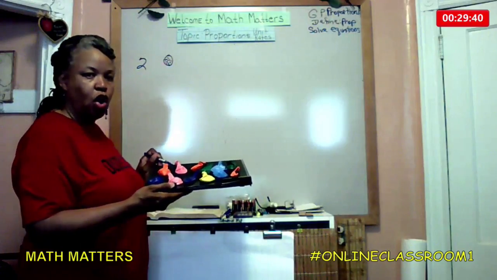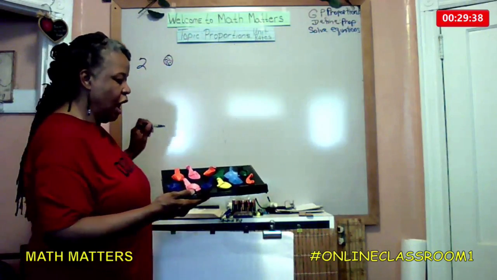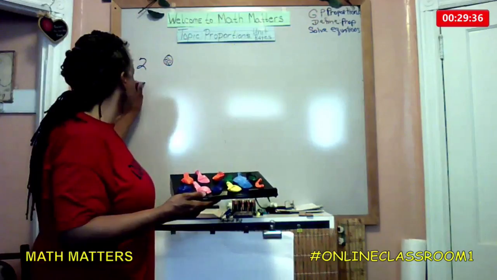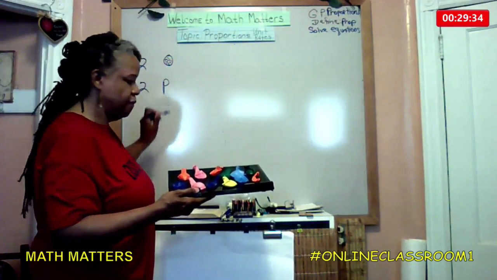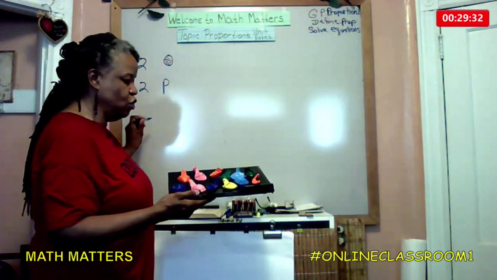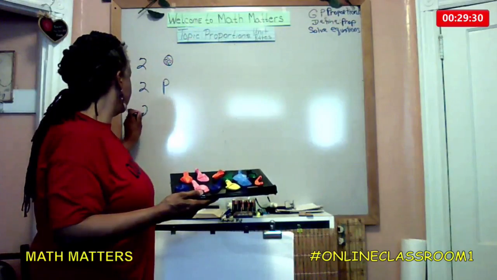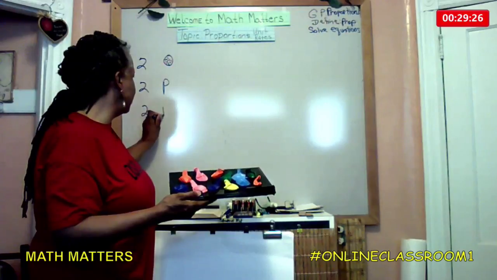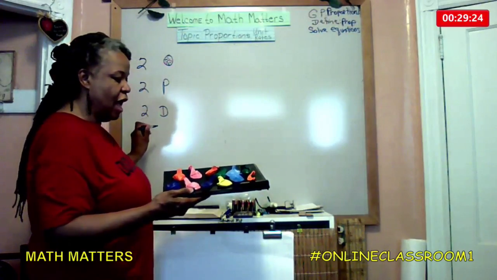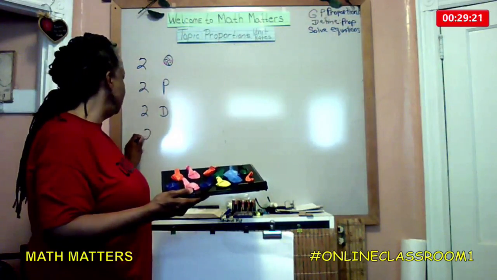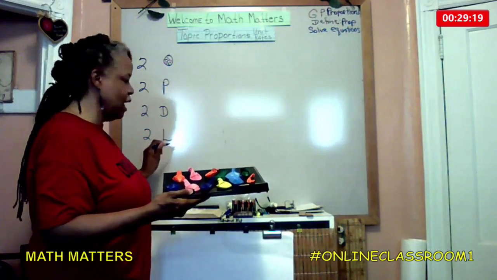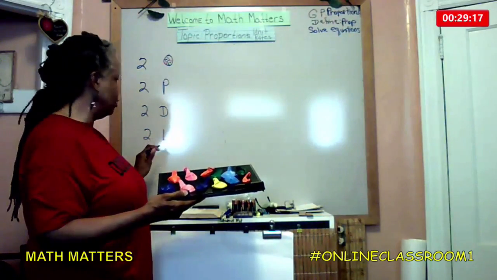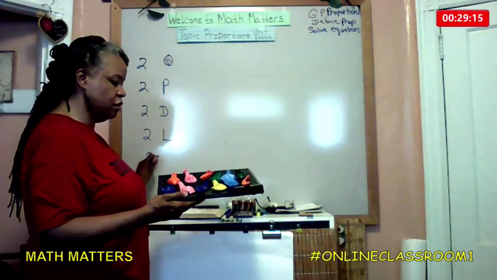Okay? 2 orange balloons. I've got 2 pink balloons. I've got 2 dark blue balloons. I'm going to call that D. And I've got 2 light blue balloons. I'm going to call that L. And I've got 2 green balloons.